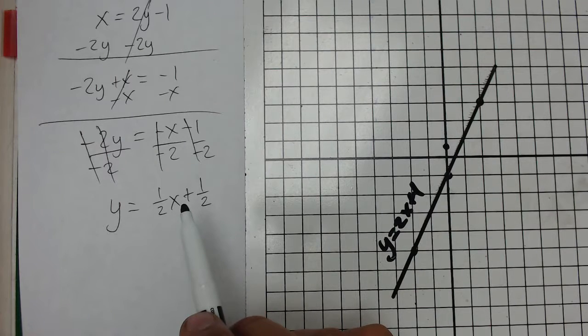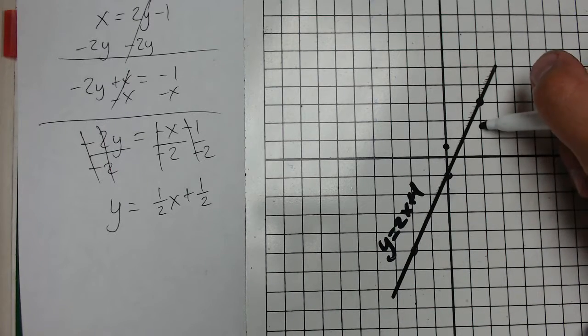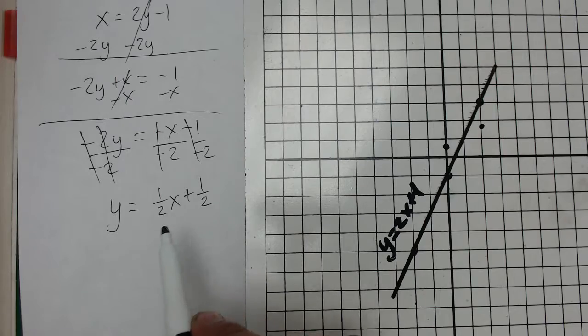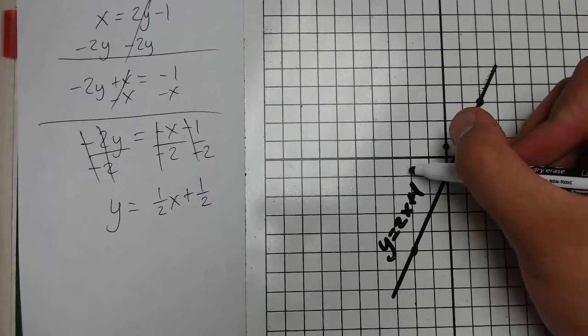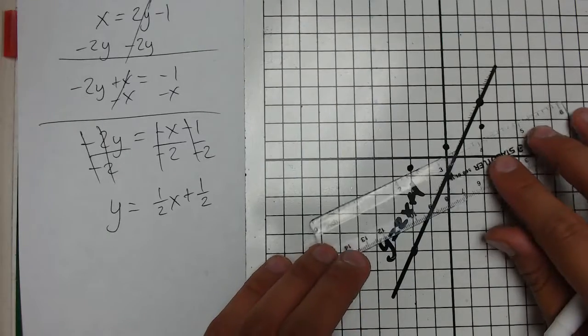So at 2, x would equal 1, and then the value would be 1 and 1/2, right? So at 1, 2, I get a 1 and 1/2, okay? And then at -2, I'm going to get -1 here. -1 plus 1/2 would just give me -1/2. All right, so I've got this line, which is a little bit shallower, right?